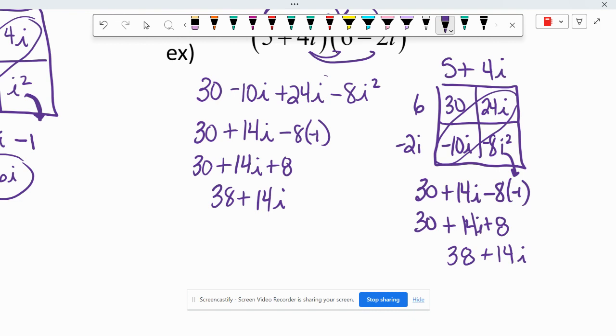Put these in a parenthesis so you can see that you have negative 8 times negative 1, which makes that a positive 8. This is not i squared. You're combining like terms. So that's 14i, and your negative coming in is positive. 30 plus 14i plus 8. Yeah, 38 plus 14i.